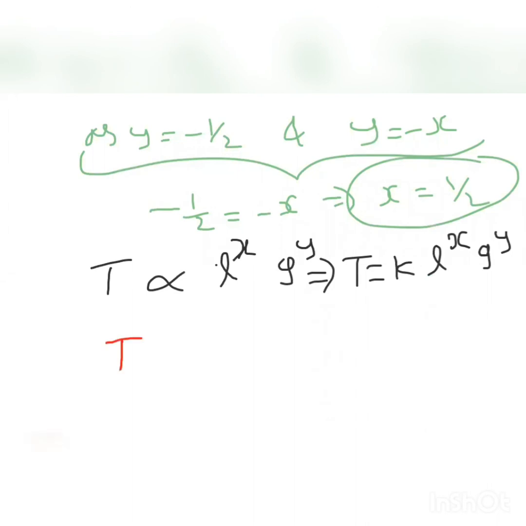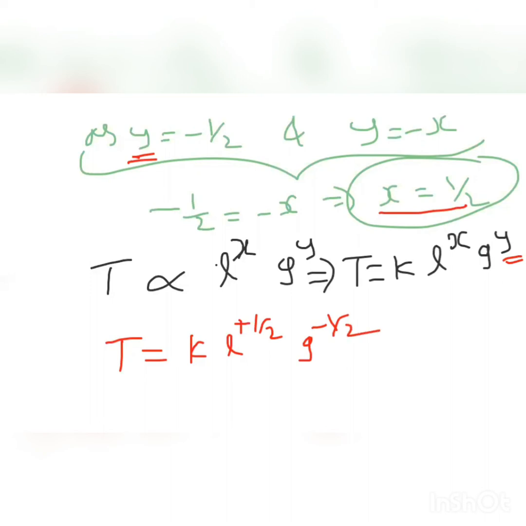X value is plus 1 by 2, so L power 1 by 2. Y value is minus 1 by 2, so G power Y becomes G power minus 1 by 2.